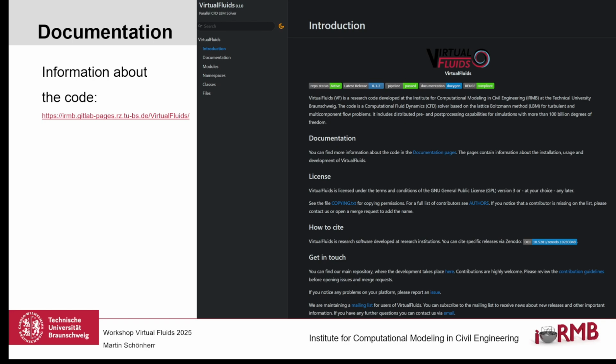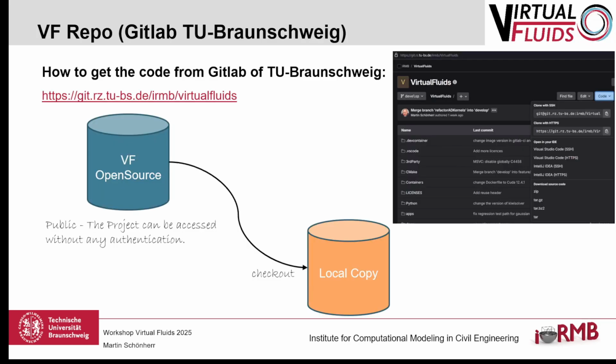So the basic introduction, documentation, you find all the modules we have, the namespaces if you want to implement something, which classes we have, so you see which functionality VirtualFluids provides you, what files we have, and so on and so on. So, yeah, and the easiest thing to do, okay, we saw today was not too easy when you try to install Docker, but let's say Docker works properly, then you just check out this open source code.